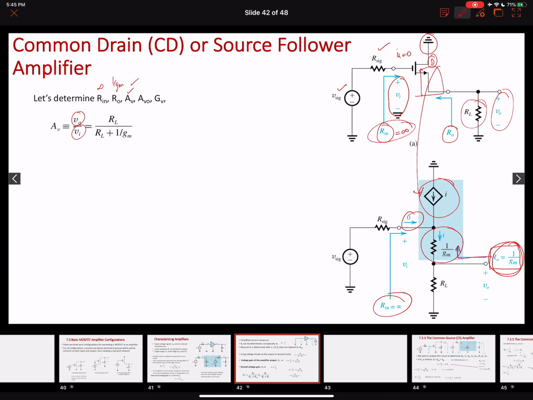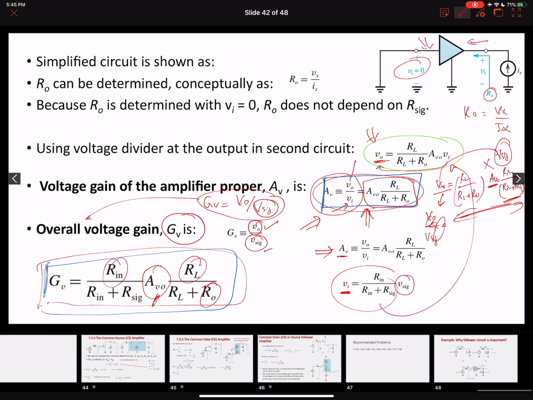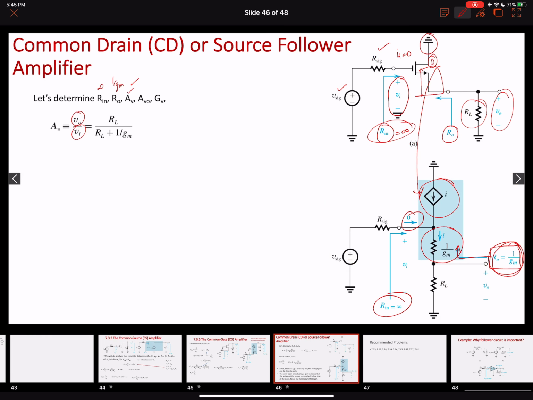Let me cross check here. All right, so our AV is AV0 times RL over RL plus R0. We know that R0 is 1 over GM.